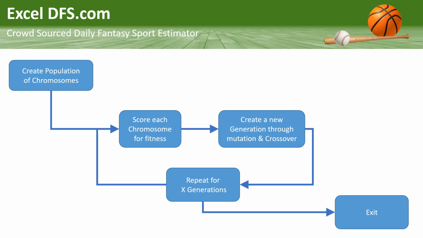The more accurate the individual chromosome is, the more fit it is considered to be for the purposes of procreation. Next, we take the fittest members of the chromosome population and allow them to switch their individual genes, two parents combining, or crossover as it's called, and producing one child. That child goes into the next generation.